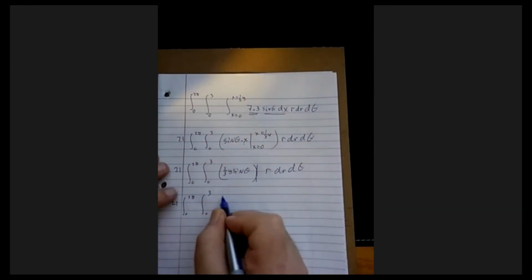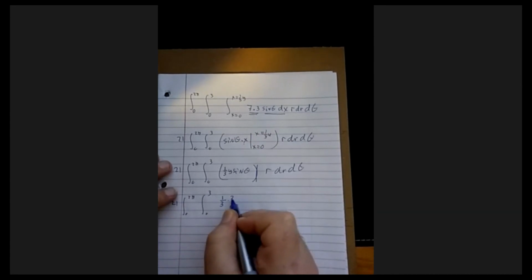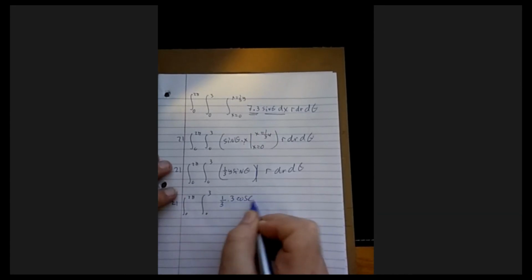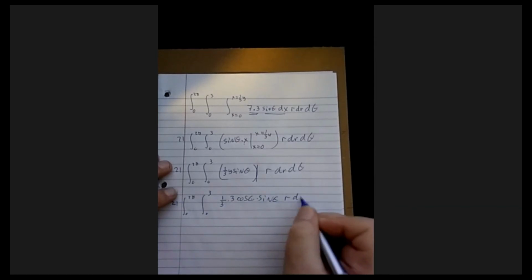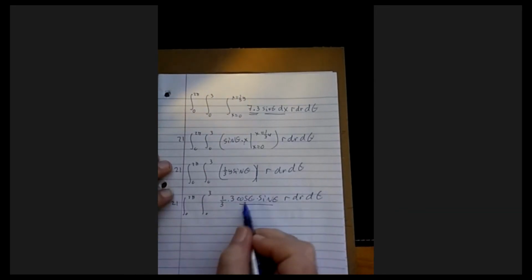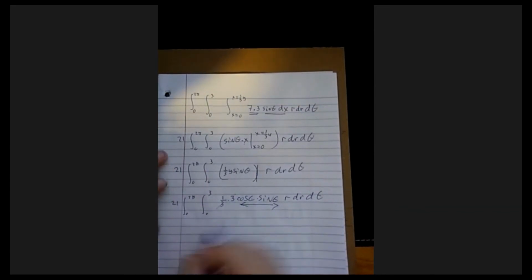The y is now going to become 3 times the cosine of theta times the sine theta with an r, a dr, and a d theta. And those cancel out.